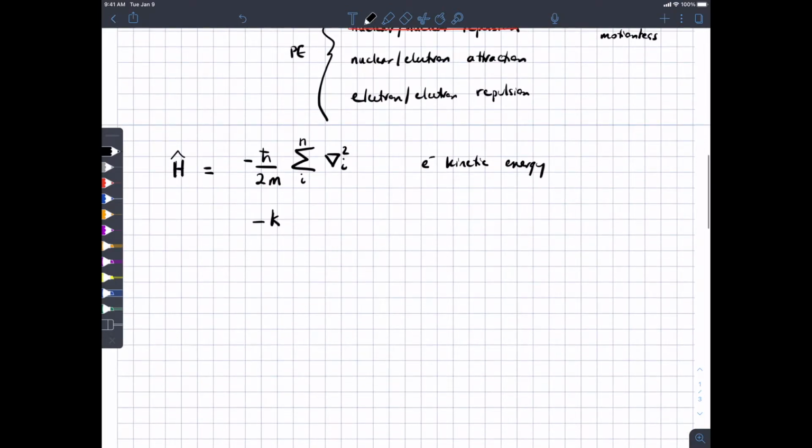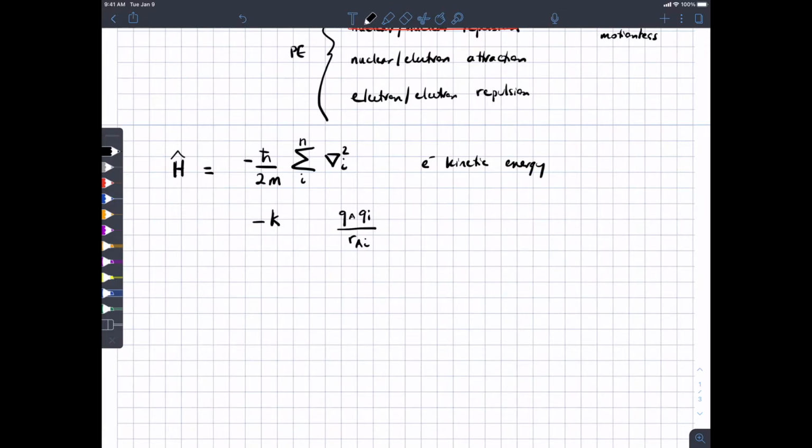We want to eliminate details, not think about too many. There's going to be multiple electrons and multiple nuclei in our molecule. So Coulomb's law says that the energy between a positively charged nucleus and a negatively charged electron is equal to the product of their charges divided by the radius between them.